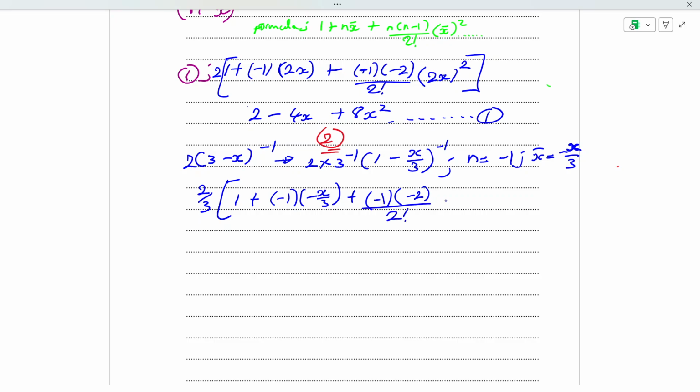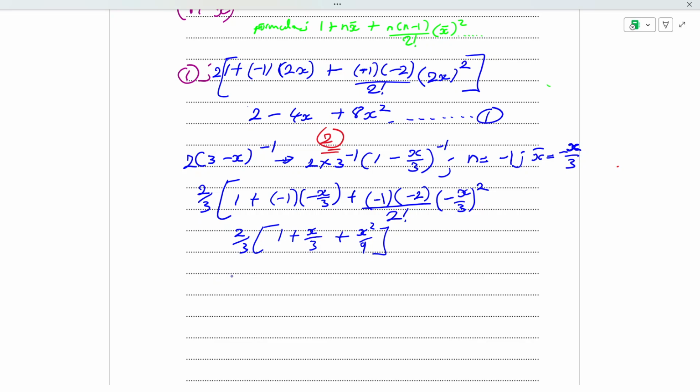All of that over 2 factorial multiplied by negative x over 3 bracket squared. We simplify that, it becomes 2 over 3 multiplied by 1 plus x over 3 plus x squared over 9.